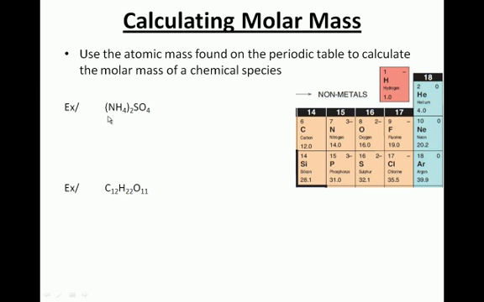So we see that we have (NH4)2SO4, okay, or in other words ammonium sulfate. And what we're going to do is calculate how many nitrogens we have here. It looks like we have one nitrogen, but on the outside of the brackets there's this 2 right here.